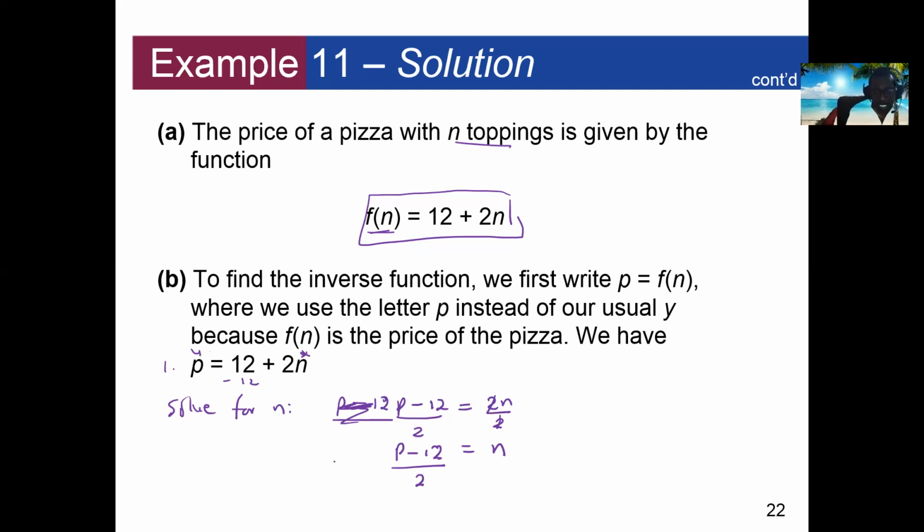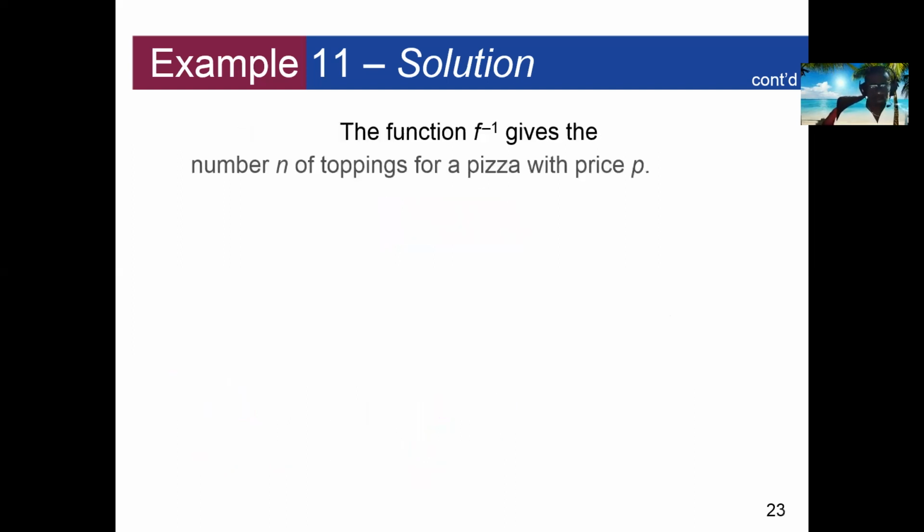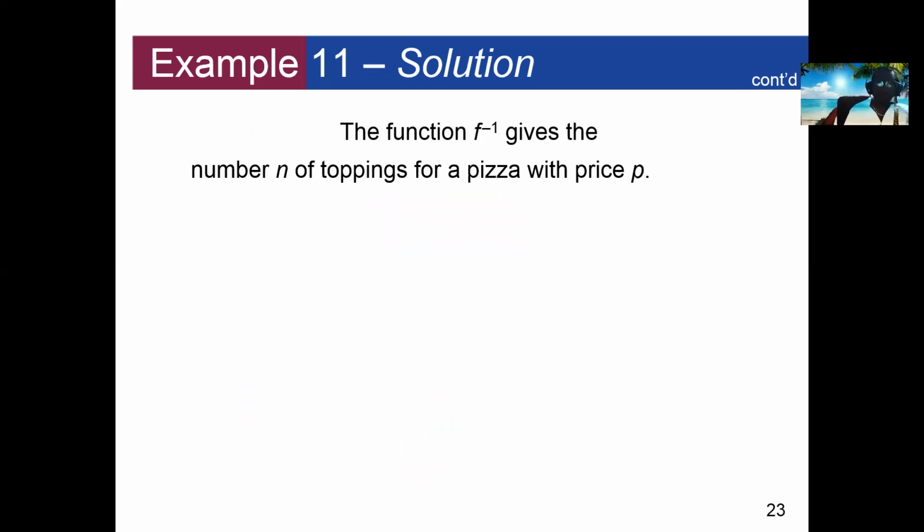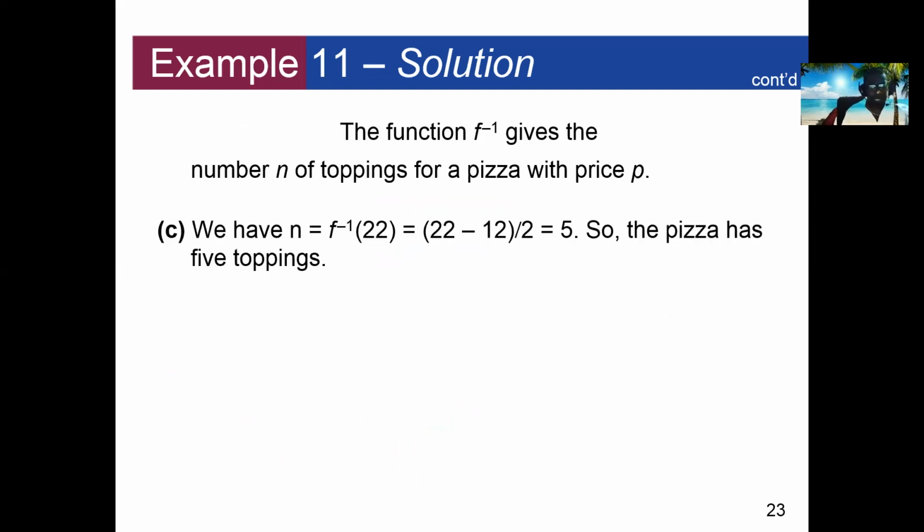So this is the inverse function. This time it is a function of the price P, and that is equal to n. So given the price, I can find the number of toppings that I need. So the inverse function gives the number of toppings for a pizza with the price P.